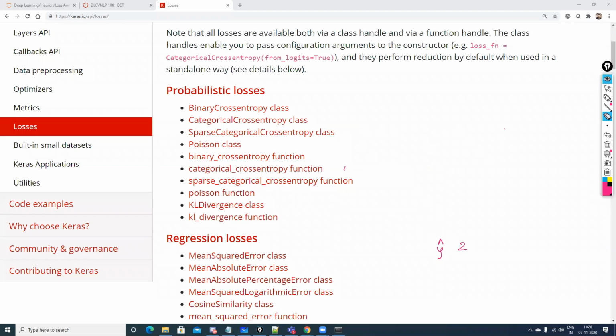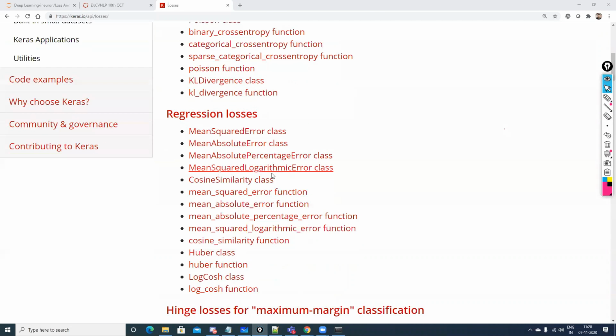If I go down, here in my regression losses, you have mean squared error loss, mean absolute error loss, mean absolute percentage error loss, mean squared logarithmic error loss, and there is something called Huber loss. What is this percentage? Here, you will be trying to calculate the percentage.